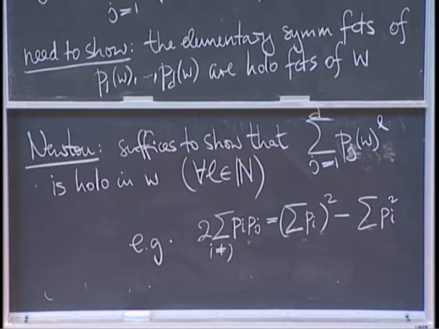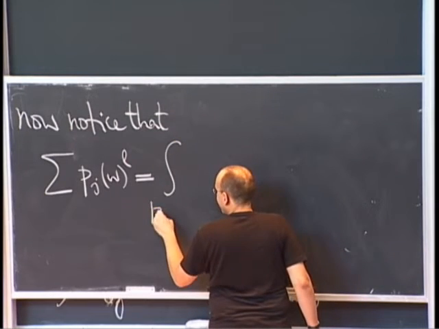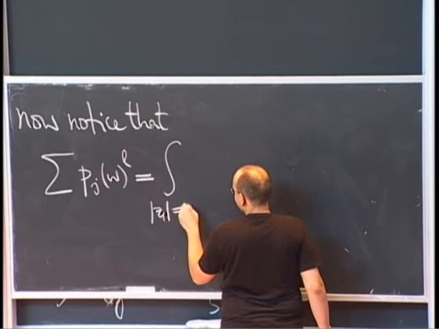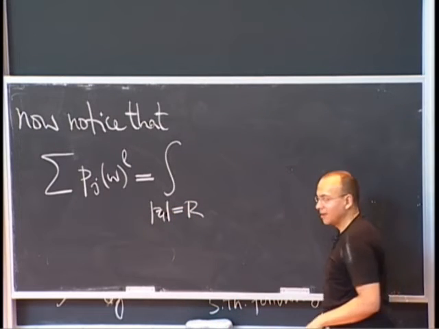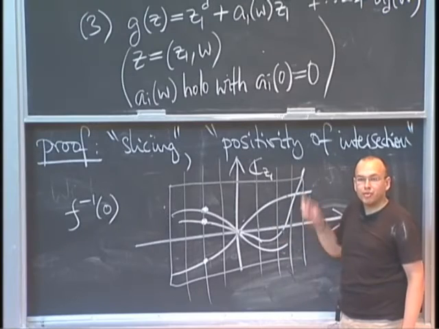Now, notice that the sum of PJ of W to the L can be written as a contour integral over the absolute value of Z1 equal to some, any radius really. So you're fixing W, you're restricting to one of these slices. So that's a disk, and you're doing a contour integral around the boundary of that disk.